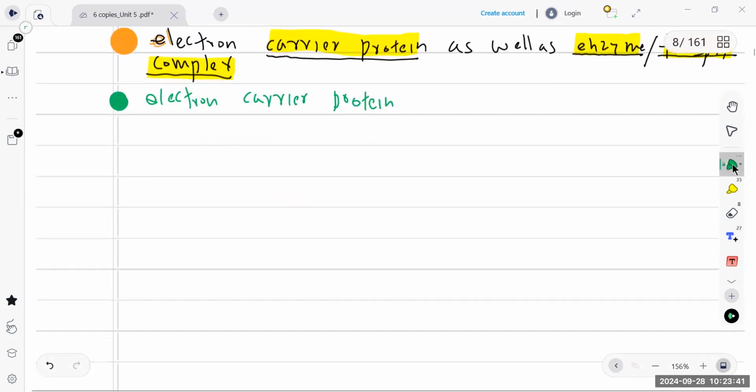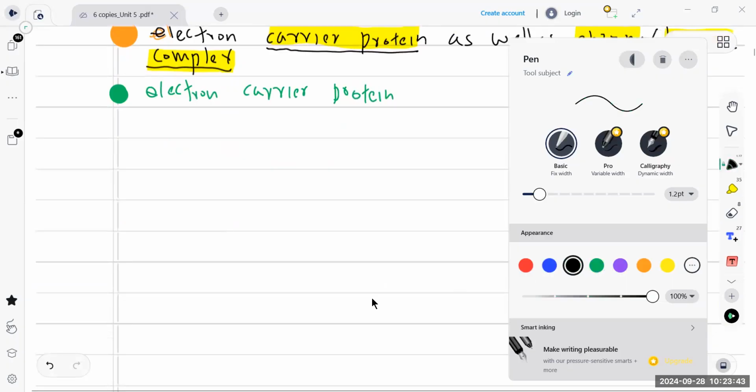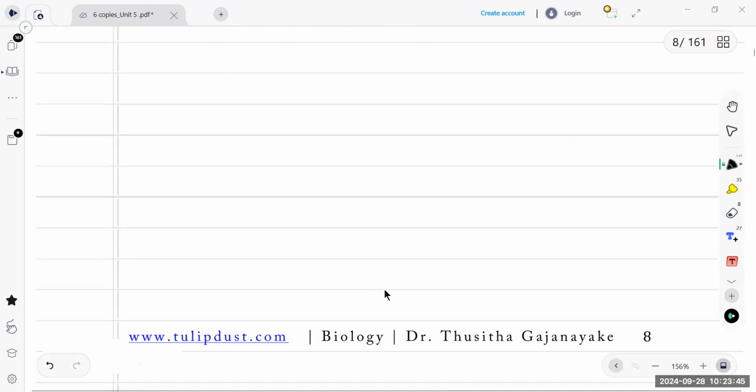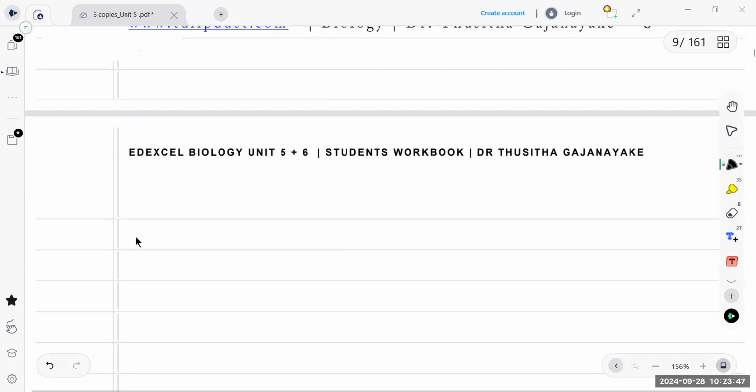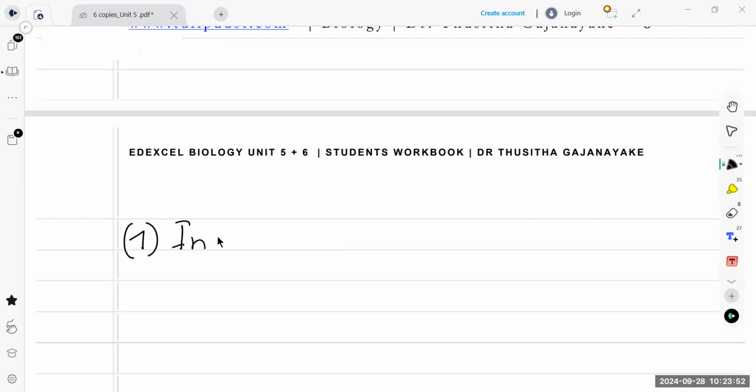Okay, so leave a space on the second page. We can write what is exactly happening in complex 1.